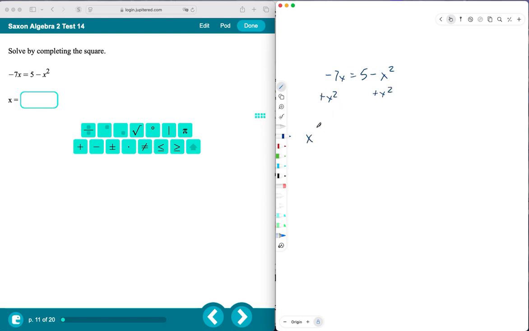So that gives me x squared minus 7x, we leave a little space, and that's equal to 5. So I'm going to take the middle term, negative 7, and divide it by 2. I can't really get a clean number, so we leave it as a fraction. And then I square that, and that's going to equal 49 over 4. This is the number that we add to both sides.